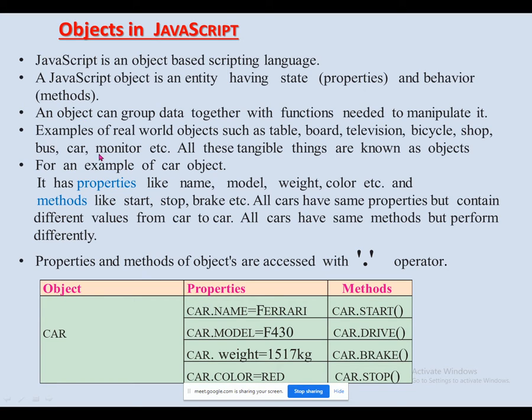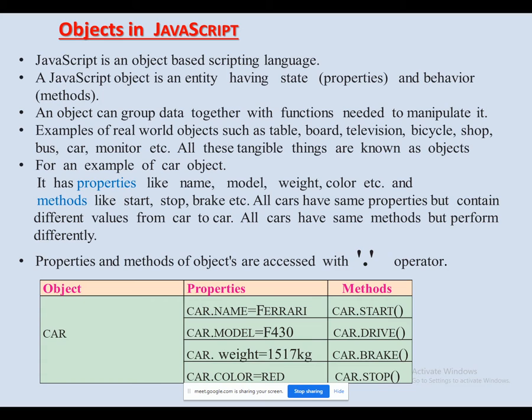For example, in the real world, anything which has some property we can call an object. Examples of real-world objects are table, board, television, bicycle, shop, bus, car, monitor, your computer, your mouse, etc. Even the chalk, with the help of which you write on the board.